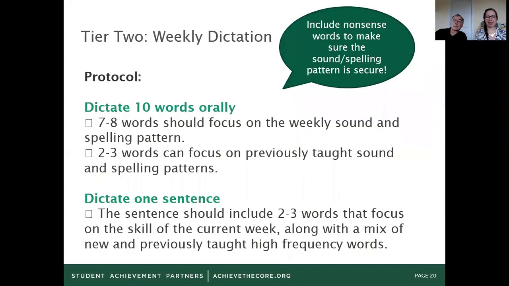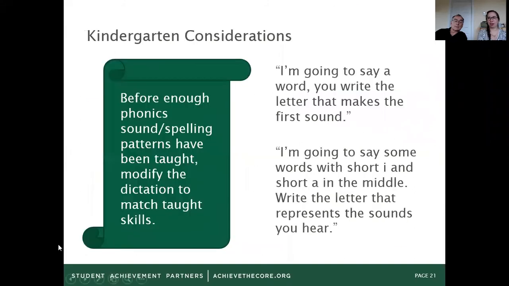So at this point, hopefully you have a good sense of what the protocol consists of. Just a couple of kindergarten considerations. If you haven't taught enough sound and spelling patterns earlier in kindergarten, you can't do the dictation as is. You have to modify it to match what you have taught. So, we did a lot of examples with M and S as early learning in kindergarten.